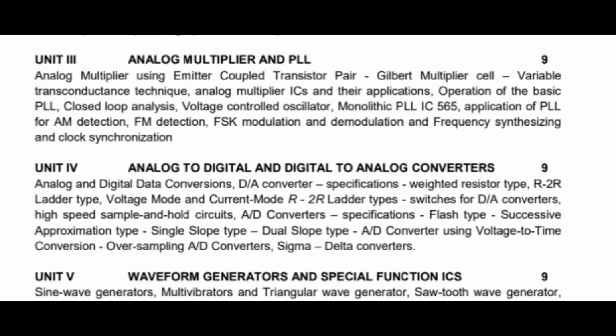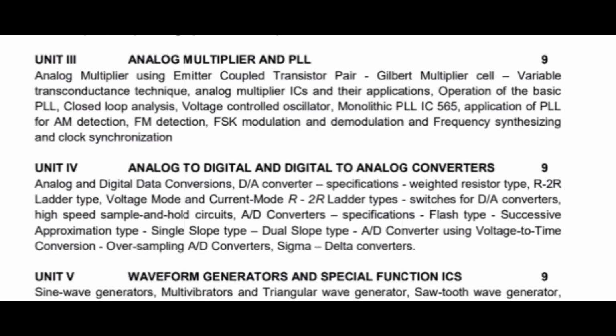In the forthcoming video, we are going to discuss different types of multipliers. So far we have discussed the variable transconductance multiplier and the logarithmic summing multiplier. In addition to that, we are going to discuss the emitter coupled transistor type multiplier and the Gilbert multiplier.